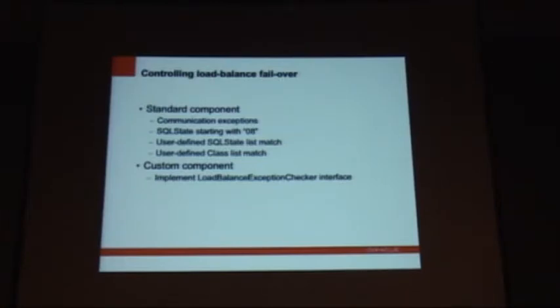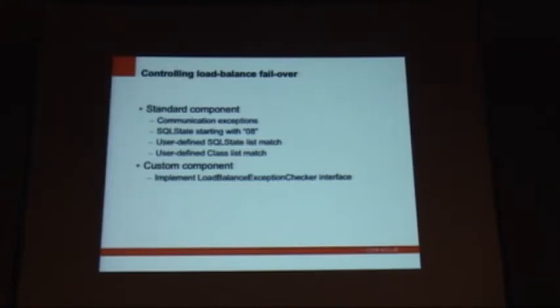So communication exceptions, any SQL exceptions that have a SQL state that starts with 08, which Mark mentioned. We've added to that in 5.1.13 the ability to set SQL states that you specifically want to fail over as a result of, as well as user-defined class lists.